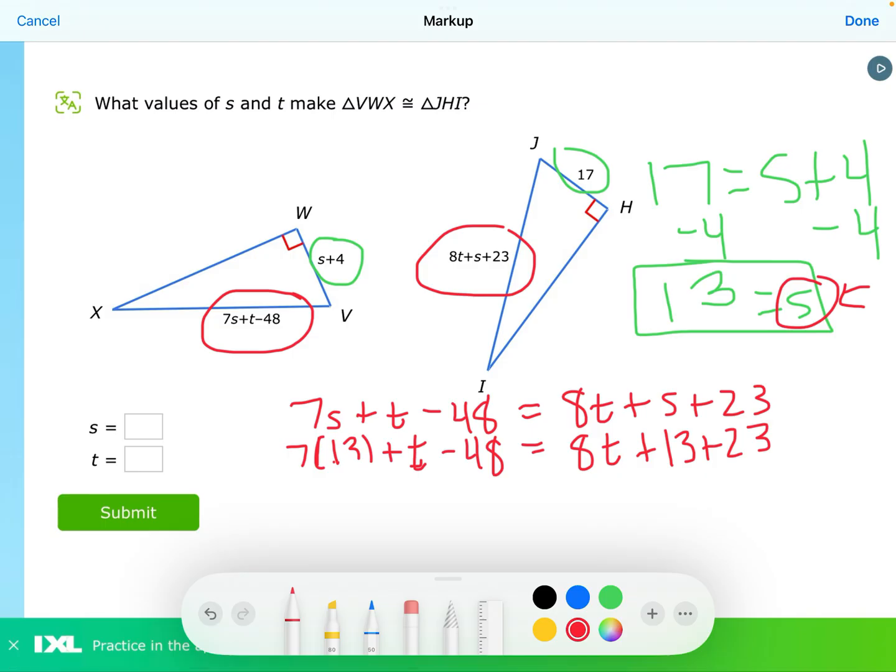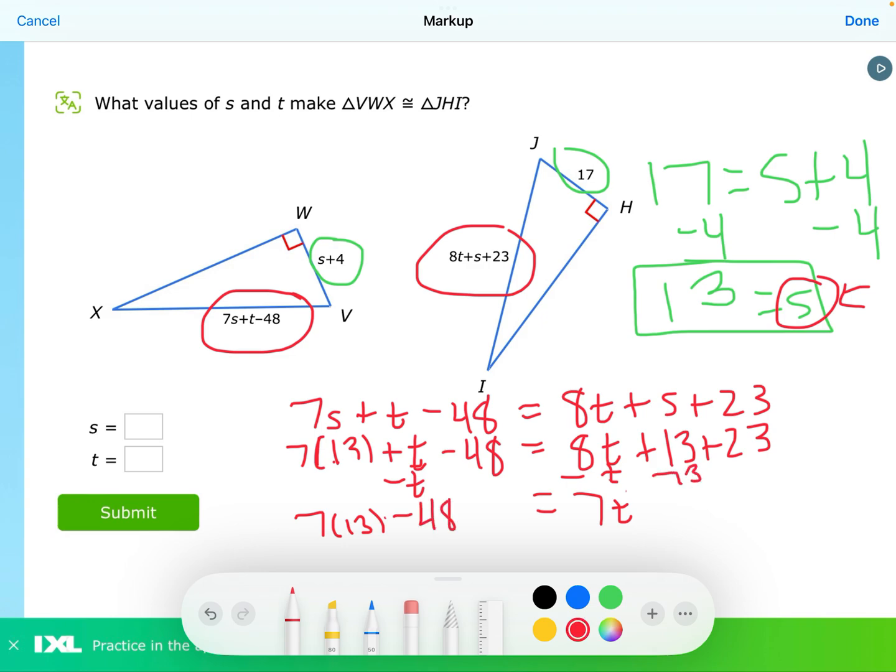So let's see, I'll put all my T's over here. Alright, I'm going to subtract this T on both sides, so I end up with 7T over here. I might have to pull out Desmos, but I have this 7 times 13 minus the 48 still left over.